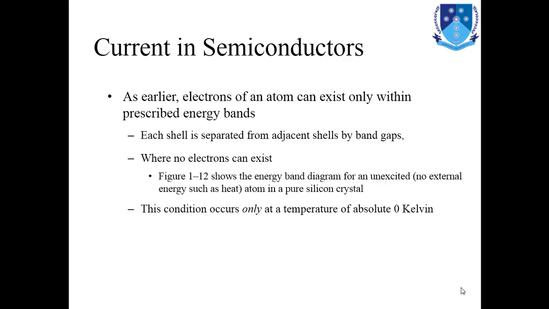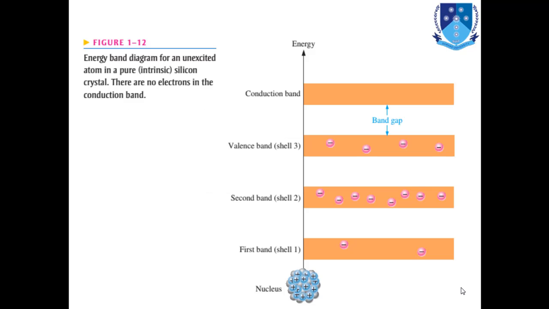Remember that this condition, where the energy bands of an unexcited atom are shown, occurs only at an absolute temperature of 0 Kelvin. Here you can see that in this figure an energy band diagram is shown for an unexcited atom in a pure silicon crystal.